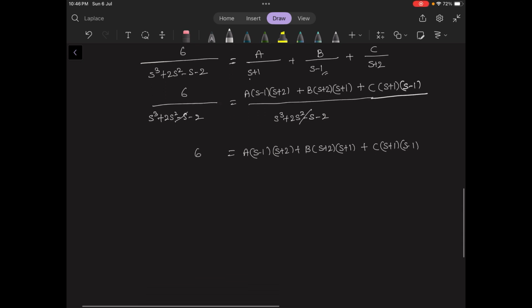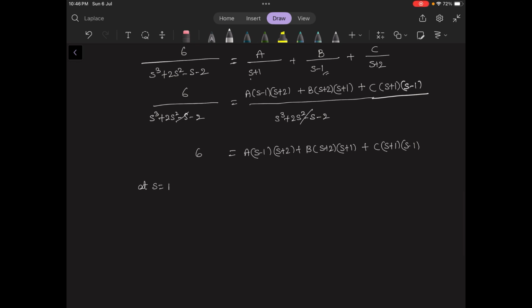Now what I am going to do is substitute some values, that is at s is equal to plus 1. If I substitute s is equal to plus 1, the first term will become 0, so that I'll get the coefficient of the b term.